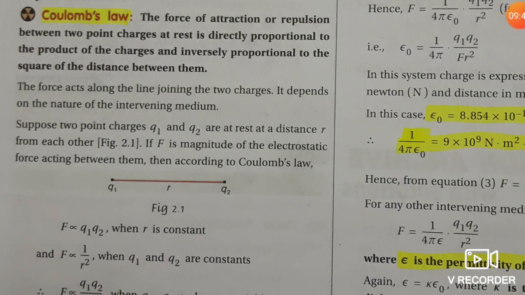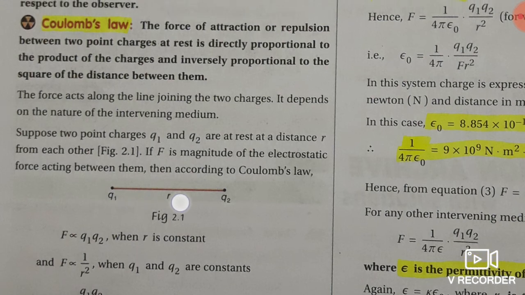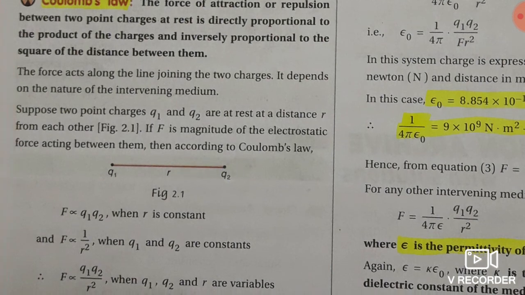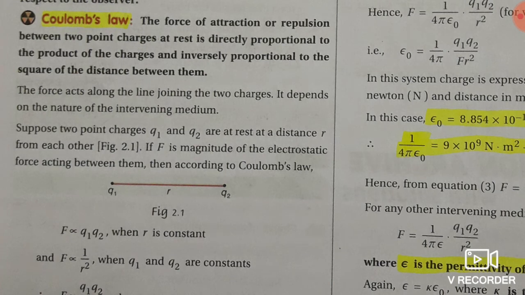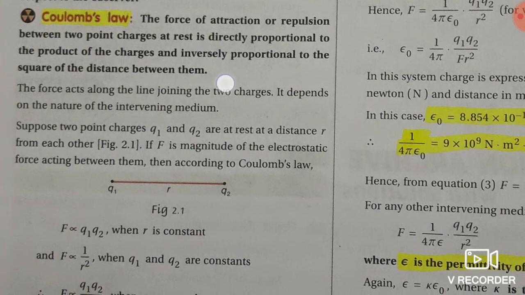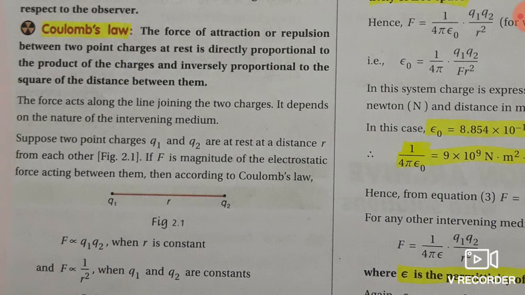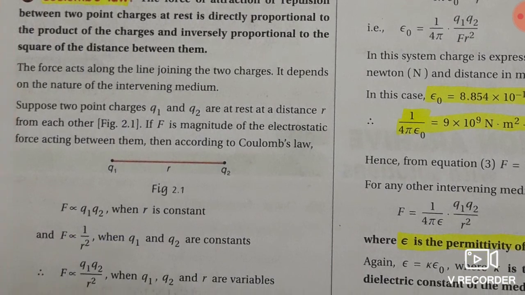Now let us discuss point number 3, Coulomb's law, its statement and expression. So what does Coulomb's law say? Coulomb's law says that if two charges q1 and q2 are placed at a distance r apart, then the force of attraction or repulsion between two point charges at rest is directly proportional to the product of the charges and inversely proportional to the square of the distance between them.